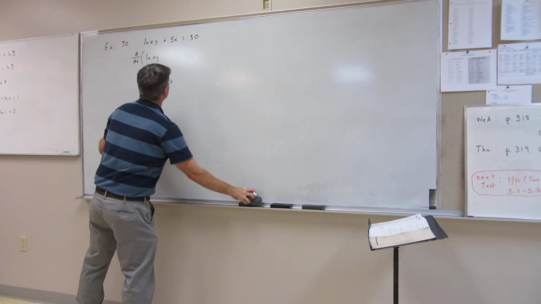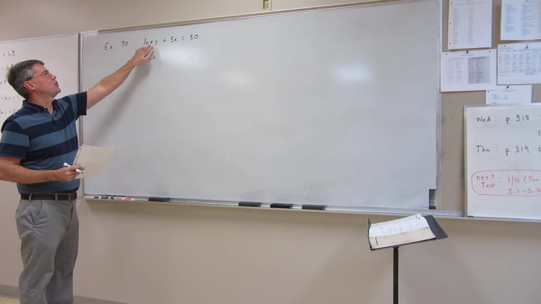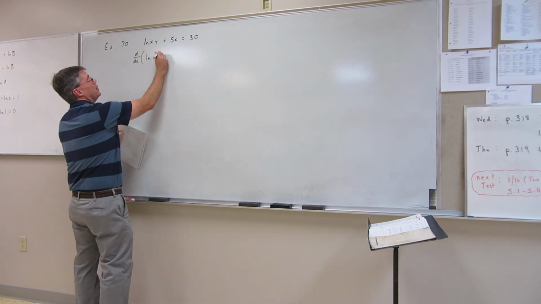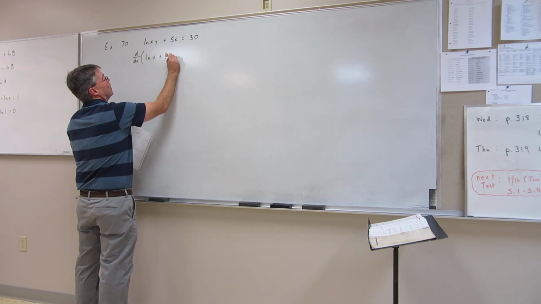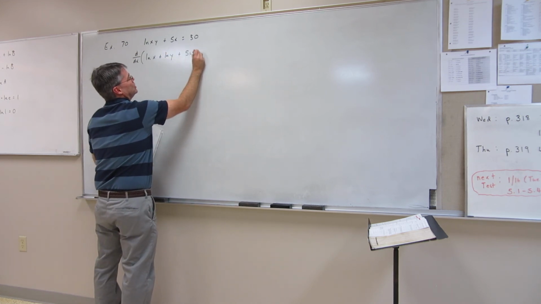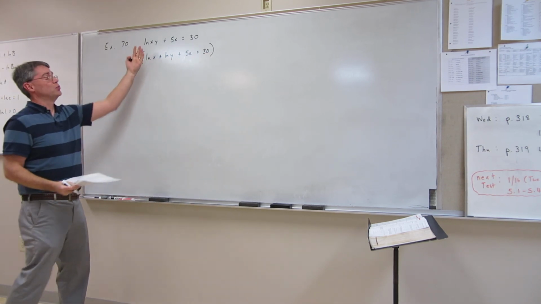Well, what I'm going to do to make my life easier is go ahead and split this natural log xy into 2. And it's multiplication, so we can make an addition. So the natural log of x plus the natural log of y plus 5x is equal to 30. Otherwise, you're going to have a product rule there.